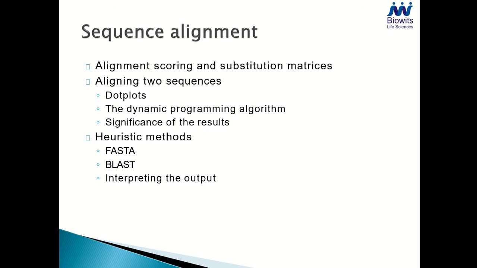Ayan, pag gumagamit na tayo ng word na significance, meaning to say we are touching now the principles of statistics. And in terms of heuristic methods, we have FASTA, BLAST, and interpreting the output. So we're going to use all of this in order to perform sequence alignment.